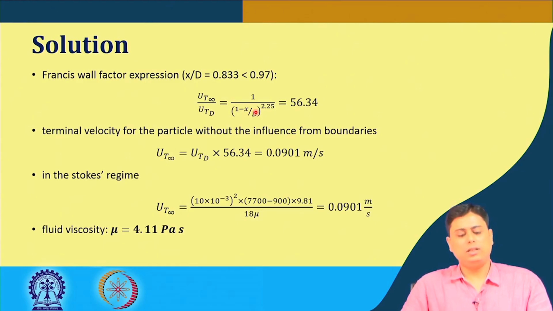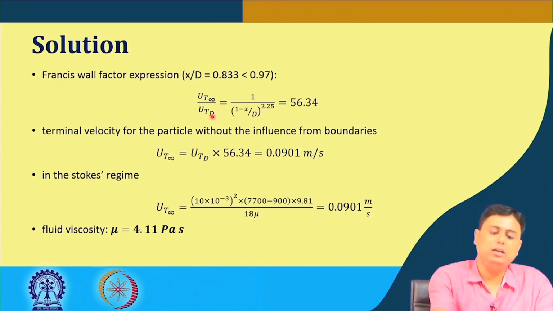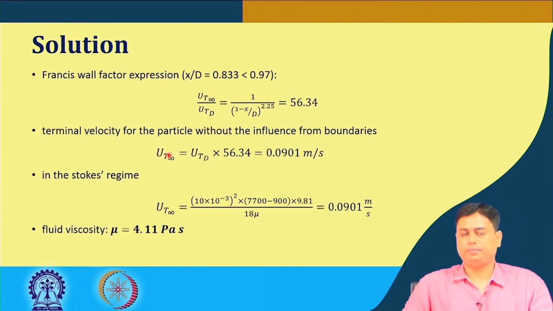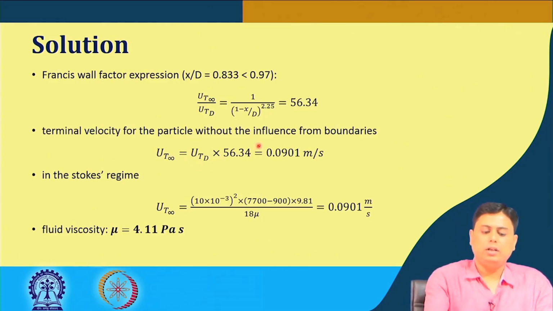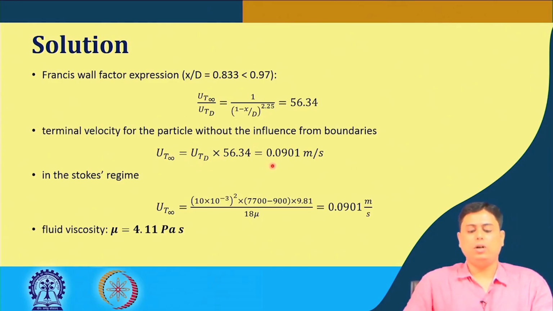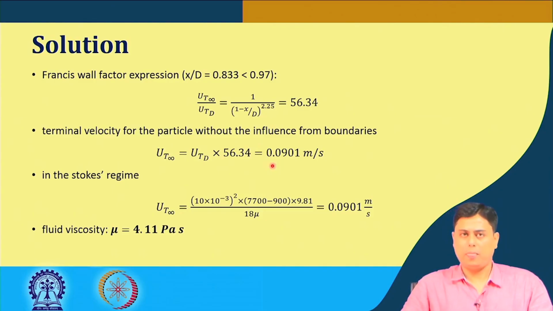Okay. So using this expression, because this utd is already mentioned here, x by d we know, so we can find out the ut infinity. Okay. So ut infinity is basically 0.09 meter per second.